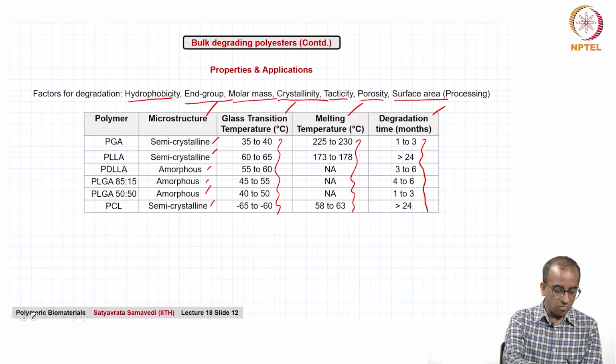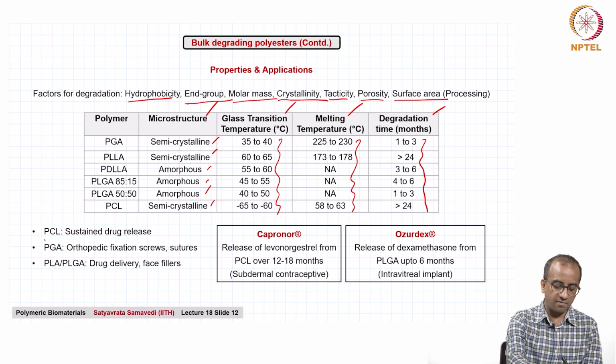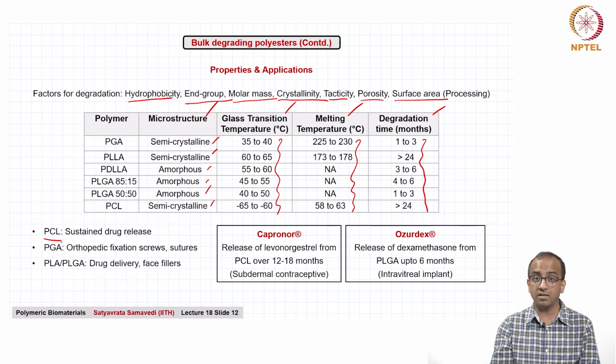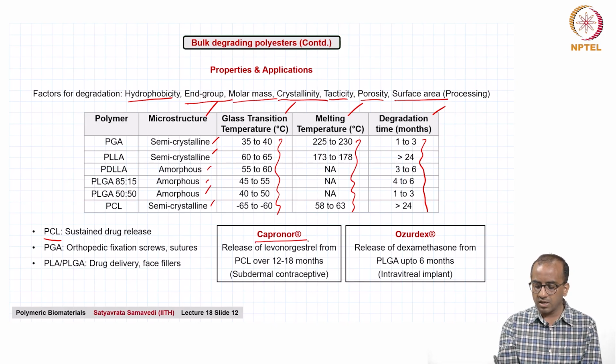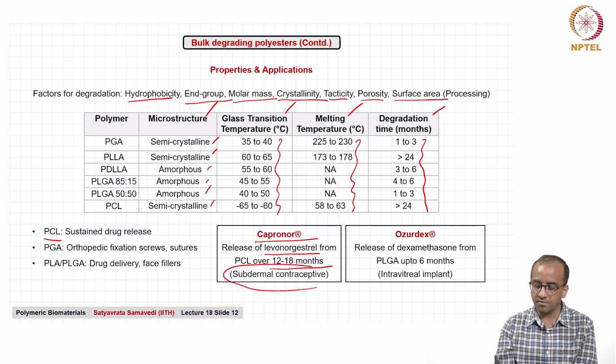Now, based on these properties, typically PCL is used in sustained drug release. It degrades very slowly. So, when you want to have very long release time periods, polycaprolactone is used, and one commercial version that showed a lot of promise in clinical studies was this contraceptive Capronor, which released levonorgestrel over 12 to 18 months, and it was a subdermal contraceptive.